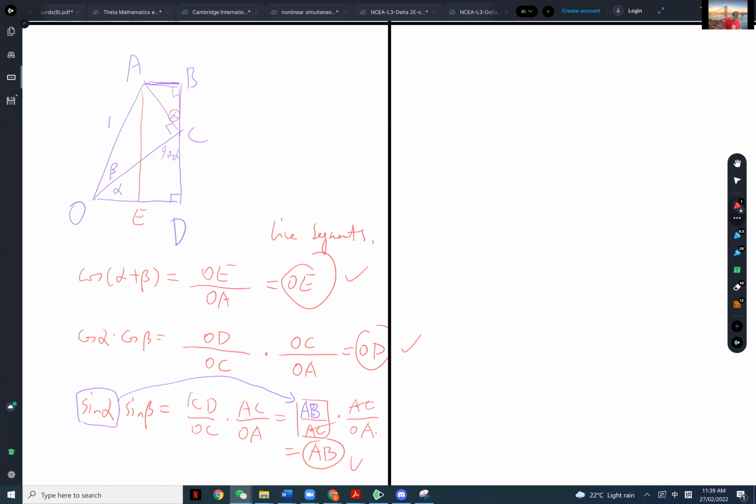What's the connection? OE equals OD minus AB.